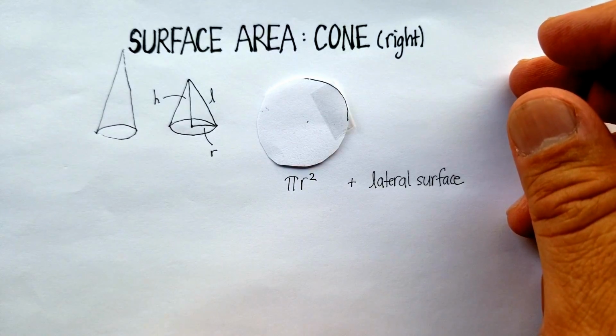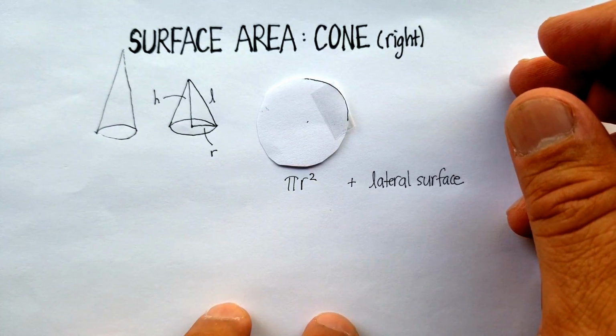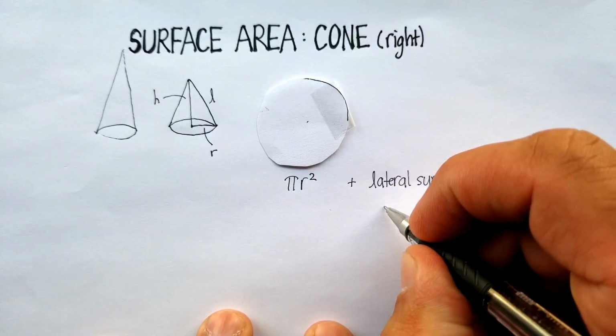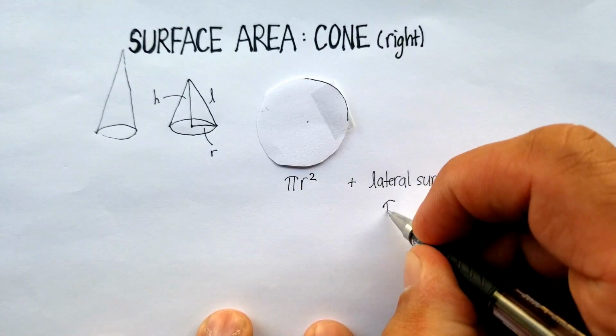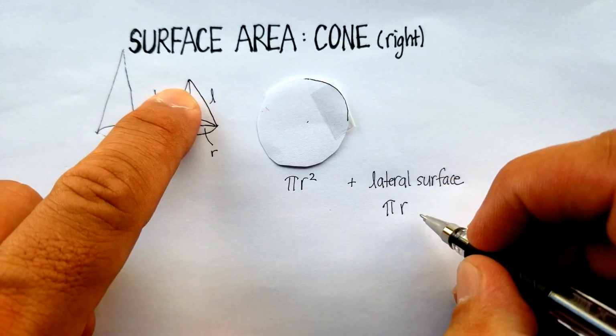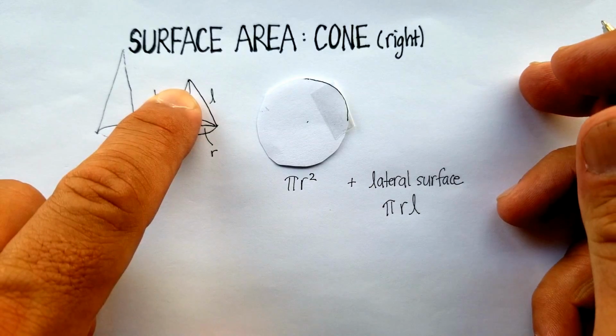So again, how are we going to do that? Well, the area for the lateral surface is actually pi times the radius times the slant height. Okay?